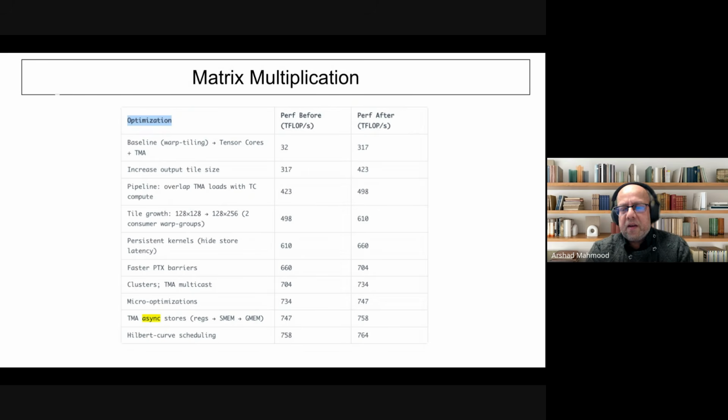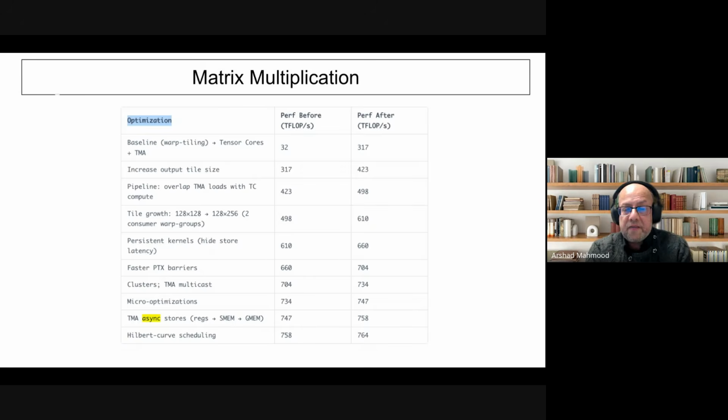Clusters, which I didn't cover here, essentially mean multiple streaming multiprocessors next to each other being able to cooperate. That pushed it up a little bit more. Some more micro optimizations got 747, tensor memory async operations went up to 758, and finally he did a Hilbert curve thing, which only pushed it up a tiny bit to 764.